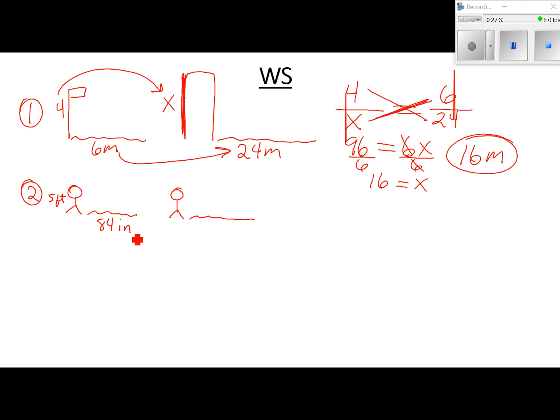And it says that her friend cast, we don't know how tall her friend is, so that's going to be our variable. But the shadow that her friend cast is 1 foot shorter than Madeline's. Well, 1 foot is 12 inches, so we can do 84 minus 12, and that gives us 72. So the friend's shadow is 72 inches.